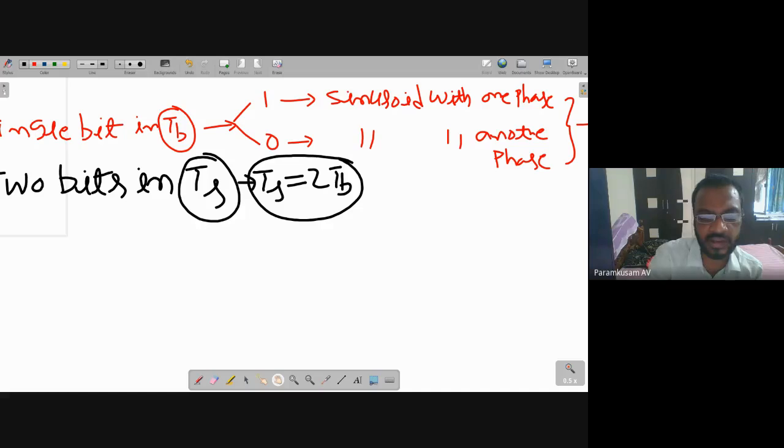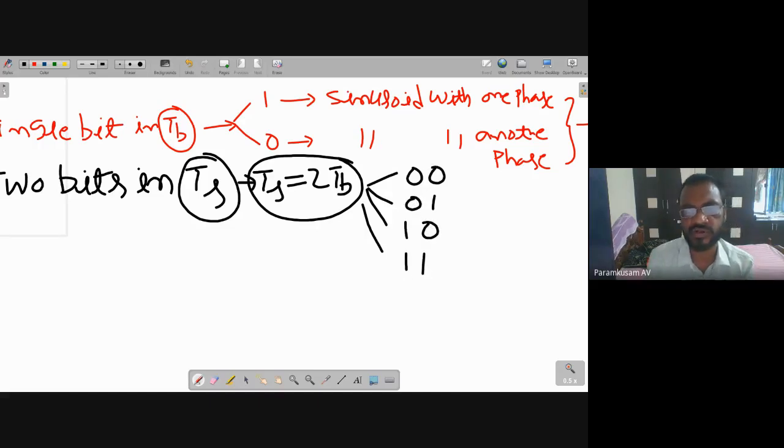Then what are the 4 possible combinations here? 00, 01, 10, and 11. So these are the 4 possible combinations. So you can say that there are 4 symbols.